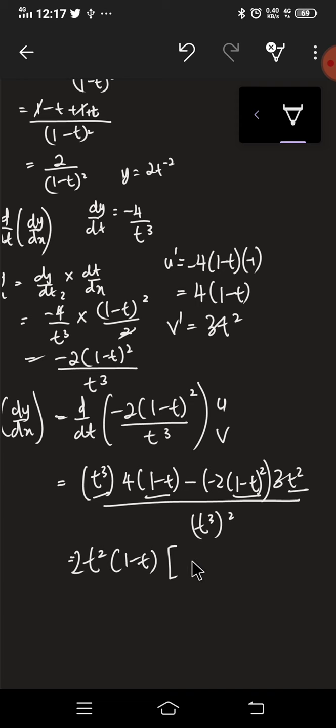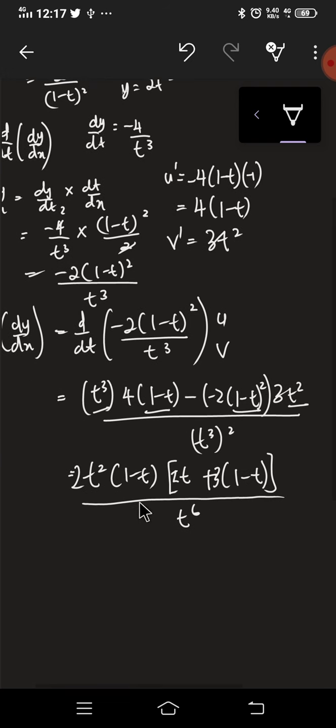So what's left inside the bracket is t multiplied by 2, minus, so negative negative will be plus, of (1 minus t) multiplied by 3, and divided by t to the power of 6. So t to the power of 2 and t to the power of 6 will remain t to the power of 4.